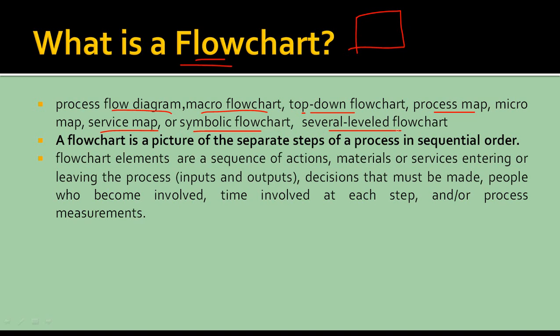These are synonyms for the flowchart. It is nothing but a picture with separate steps in it, which process in a sequential order. As we have earlier discussed, an algorithm is a step-by-step execution of a program. So here a flowchart is a step-by-step execution of an algorithm with the help of graphics.